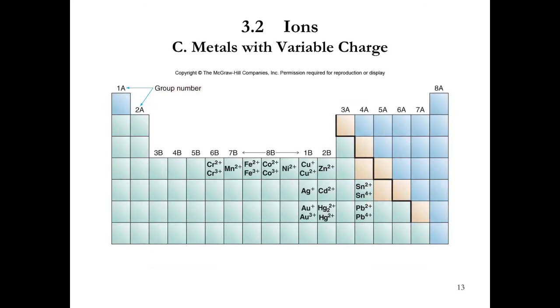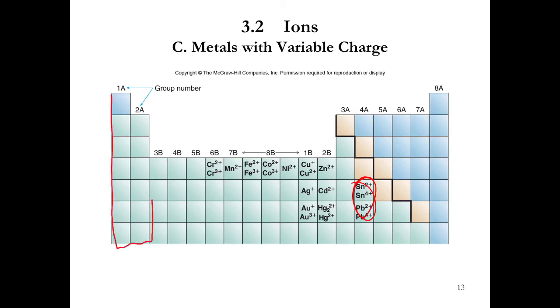Now, metals that aren't in the main group, and even a couple of really big metals that are in the main group, tin and lead, can sometimes have more than one possible charge. So when we start to write formulas using those metal ions, we'll have to do some special things, all right?